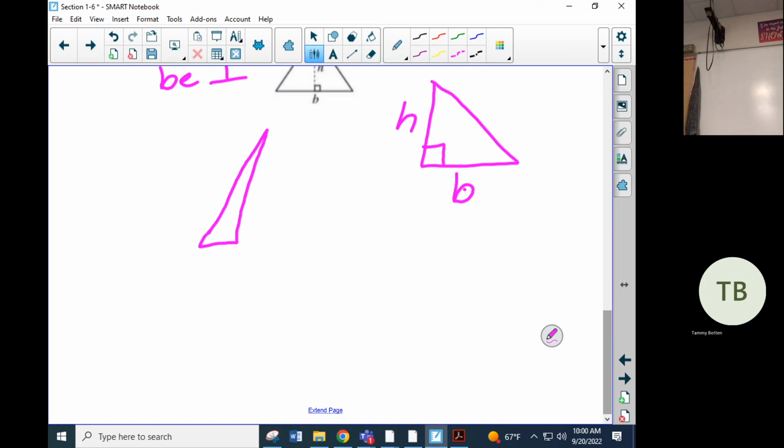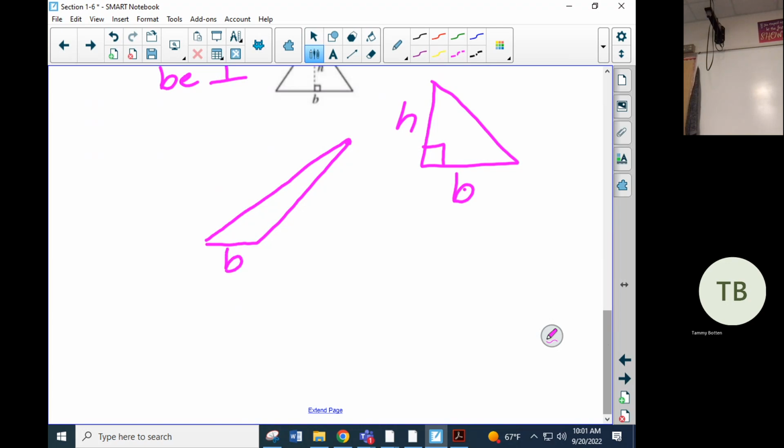That looks like this, where this is not perpendicular. And imagine this is straight across. So this, I should draw this better. Let's do this. So this is our triangle, this is the base.